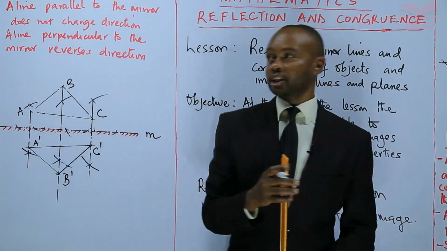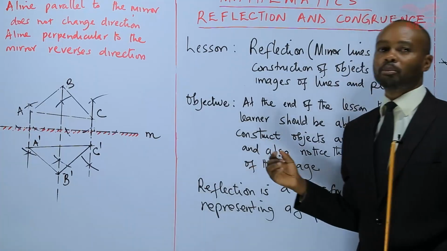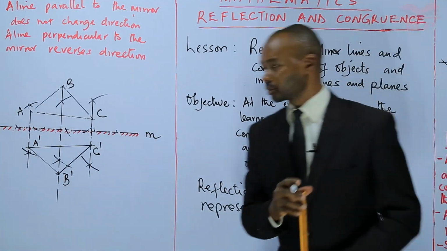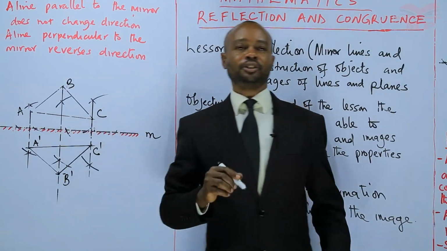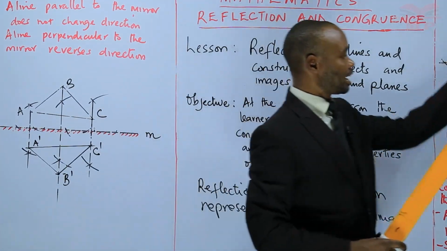You've actually seen in that. So at this juncture, you should be able to construct an object of a triangle and get its image and also a line.